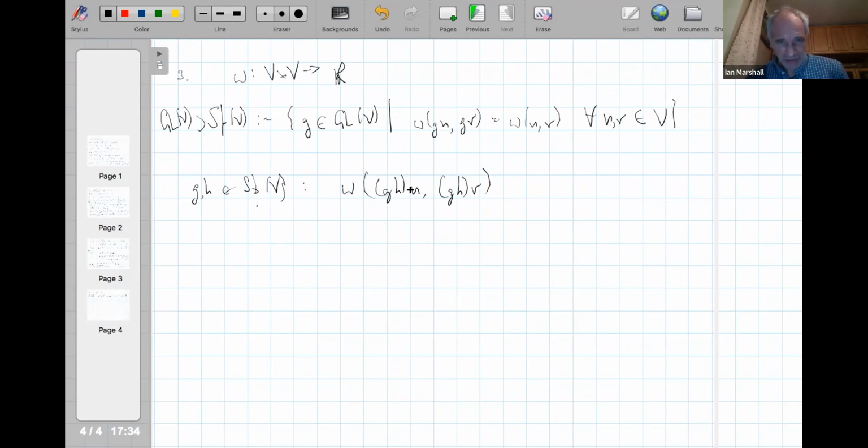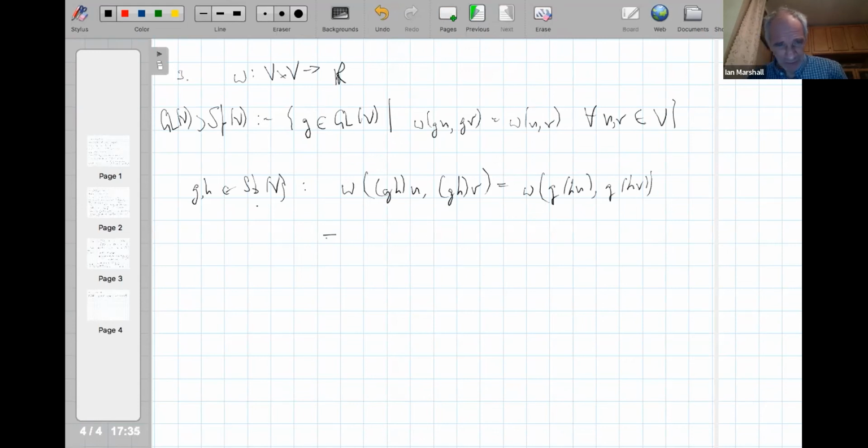So this thing acts on a vector in R2N. It acts on V by standard composition because GLV defines an action. So this is equal to omega of G(HU), G(HV), just by the property of GLV acting on there.